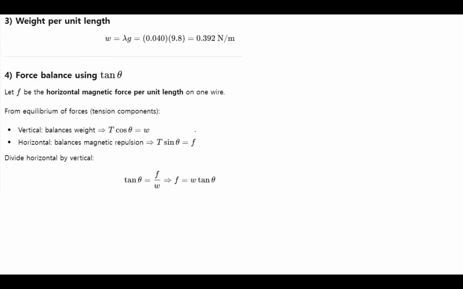Weight per unit length is given by this, the gravitational force g. And force balance using tangent theta gives the horizontal magnetic force per unit length on one wire from equilibrium of the forces, the tension component. Remember that.